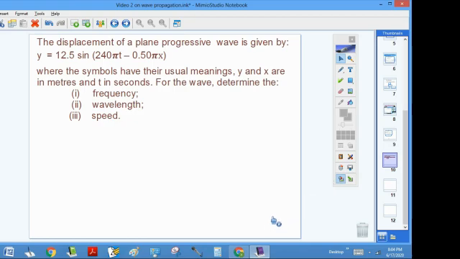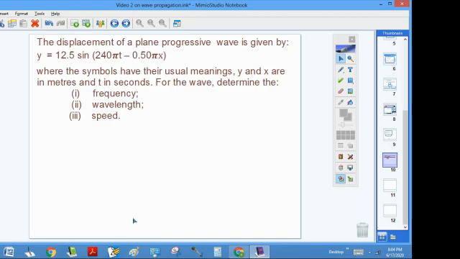So next we talk about the calculation. Let's use this calculation to explain what we mean by the equation of a progressive wave. The displacement of a plane progressive wave is given by y equal to 12.5 sine (24 pi t minus 0.5 pi x), where the symbols have their usual meaning. y and x are in meters and t is in seconds.